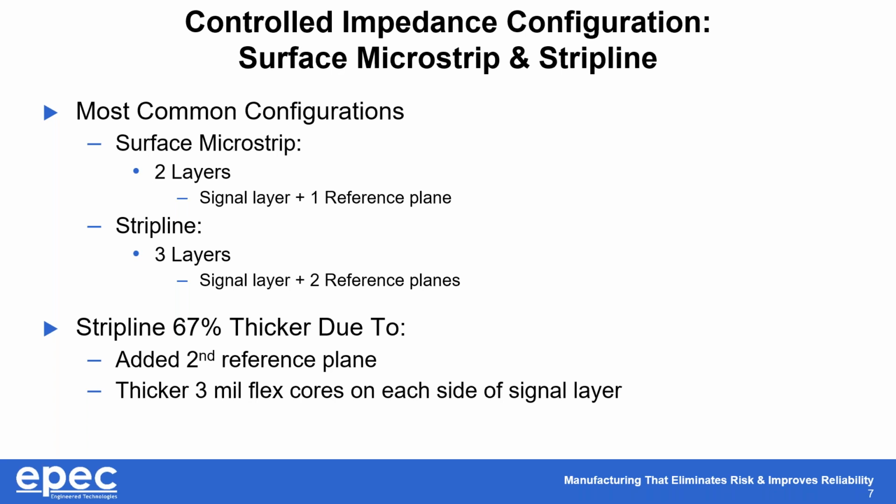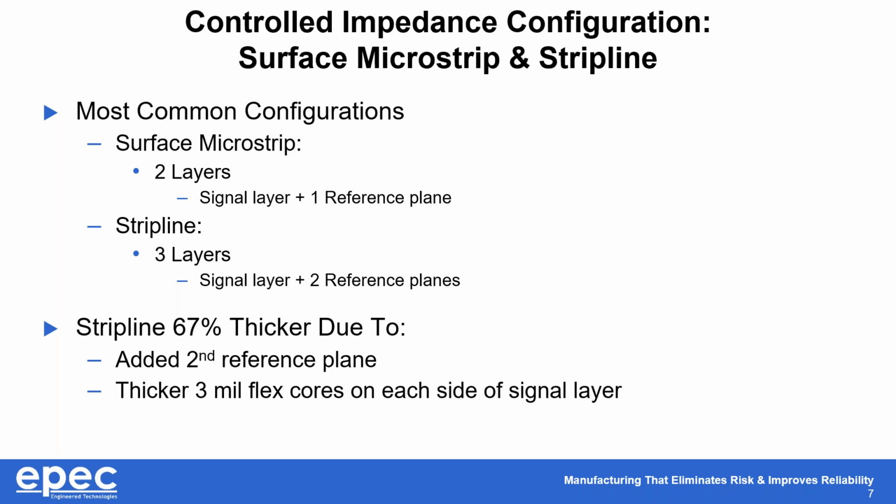As a comparison, moving from a surface microstrip to a stripline is going to increase the thickness of the design by approximately 60 to 67, around 67% thicker. It's a significant jump. And that's, again, primarily because of, or exclusively because of that second reference plane.